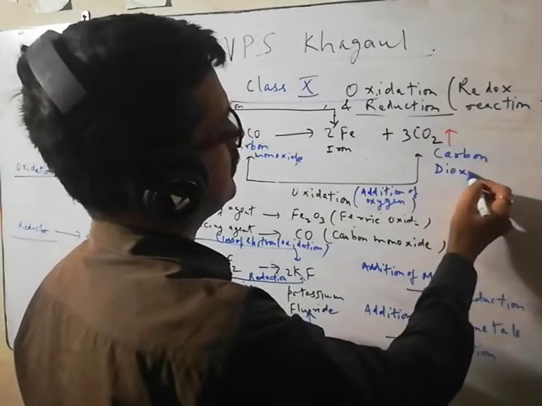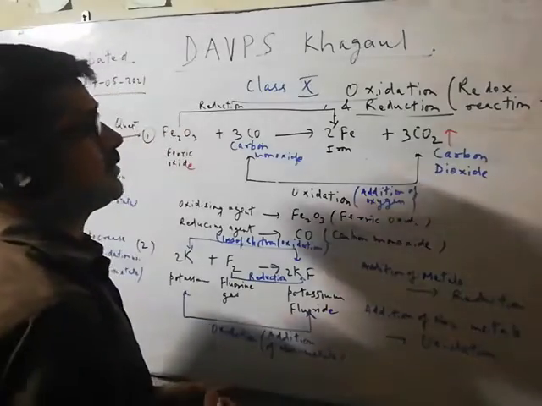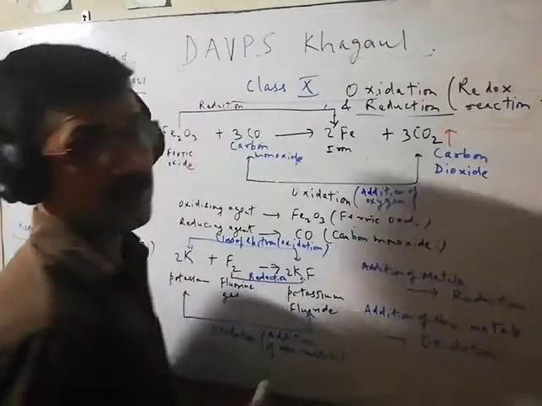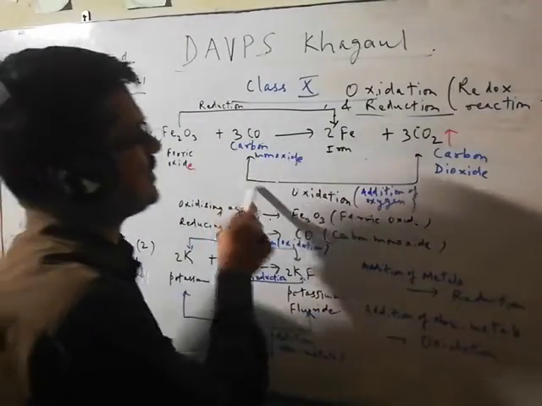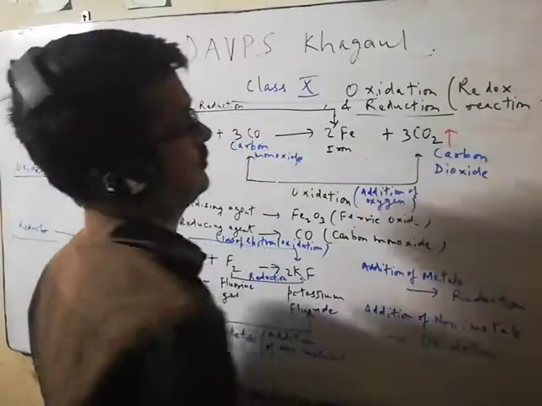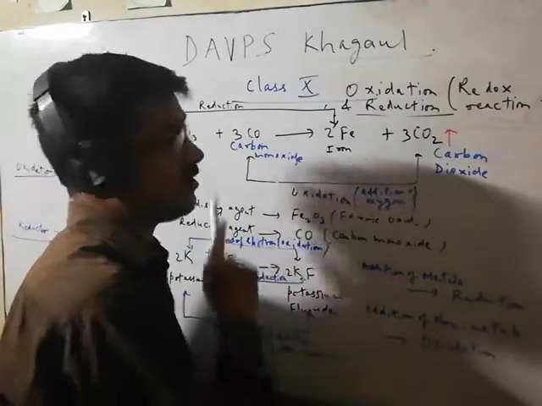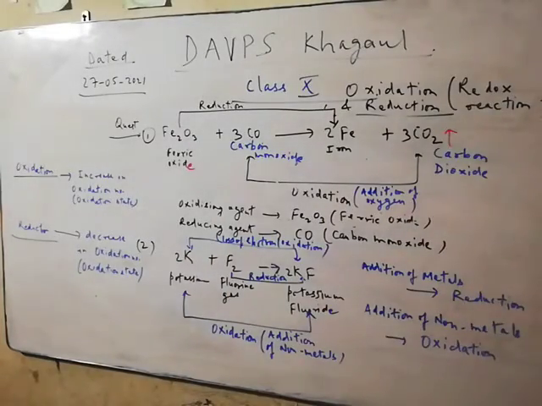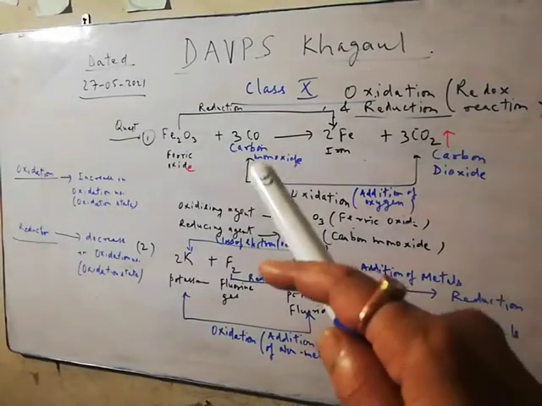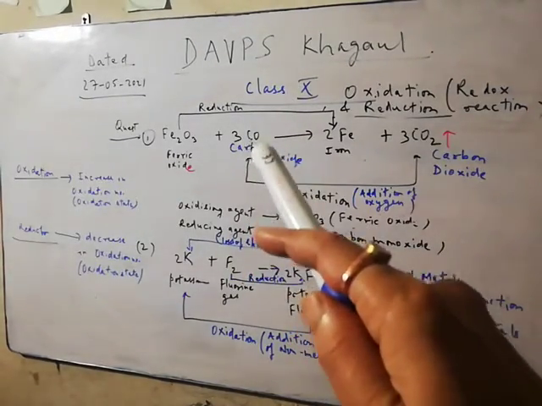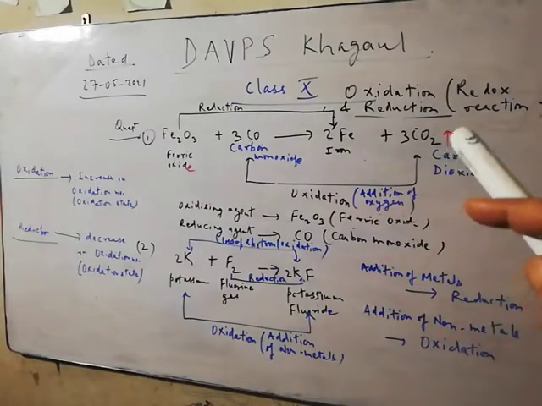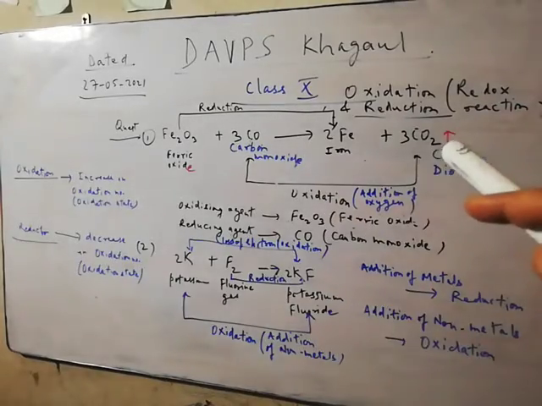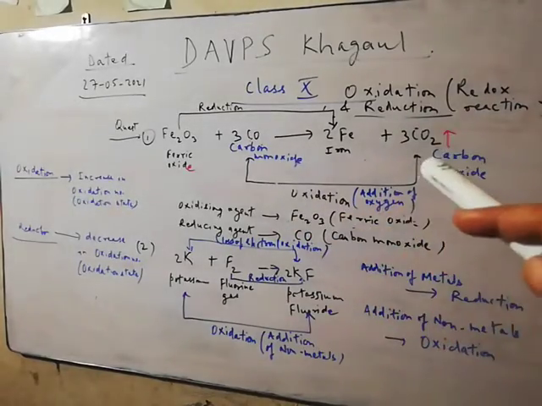So we see this is an oxidation reaction. That means carbon monoxide is oxidized to carbon dioxide, because addition of oxygen is oxidation. Here one oxygen atom, there two oxygen atoms. So addition of oxygen is oxidation.